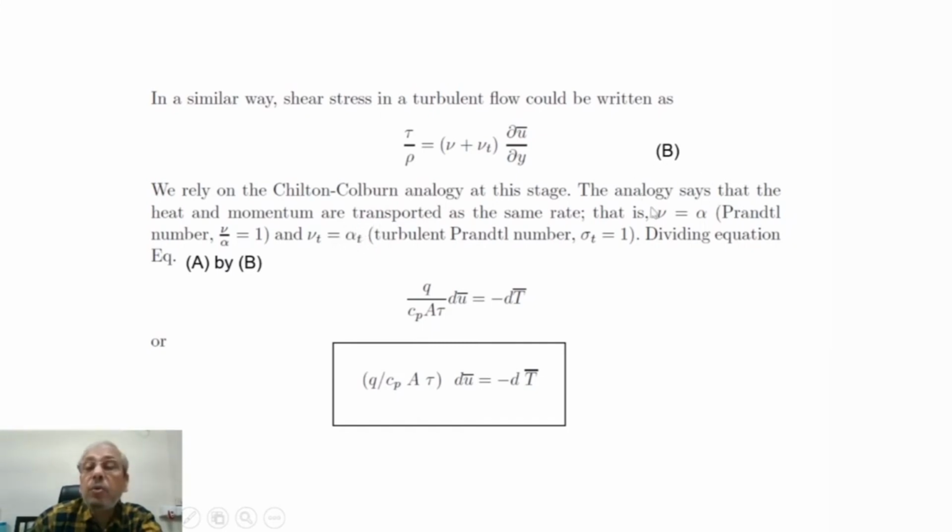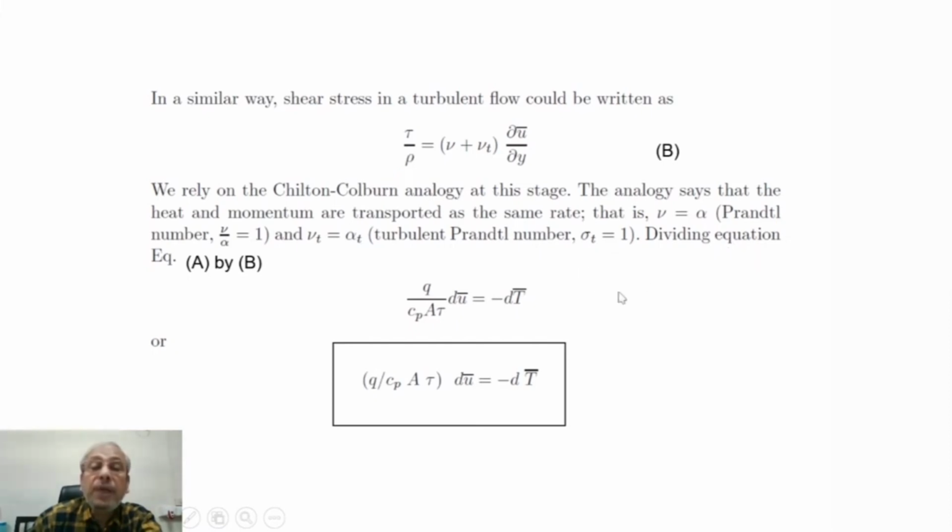So we invoke two assumptions here, nu equal to alpha and nu T equal to alpha T, that is eddy diffusivity alpha T equal to nu T, that is basically the turbulent diffusivity or turbulent viscosity. So turbulent kinematic viscosity equals the turbulent or eddy diffusivity, nu T equal to alpha T.